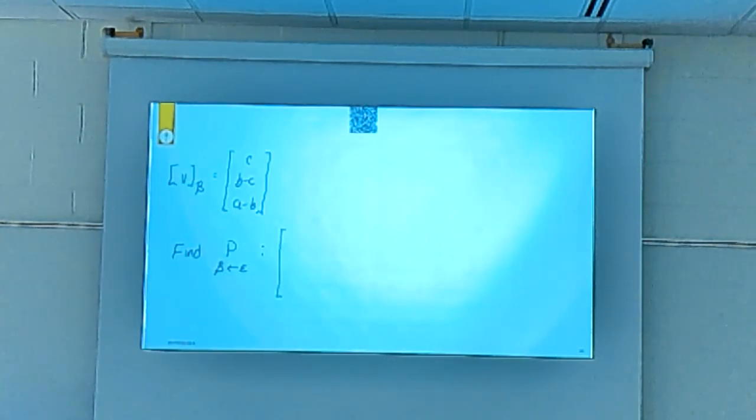We're setting up an augmented matrix. Left of the augment, you use the vectors from the basis that you want to convert to, which in this case would be B. Augmented with, now, you use the vectors from the basis you're converting from, which for us is E, the standard basis.